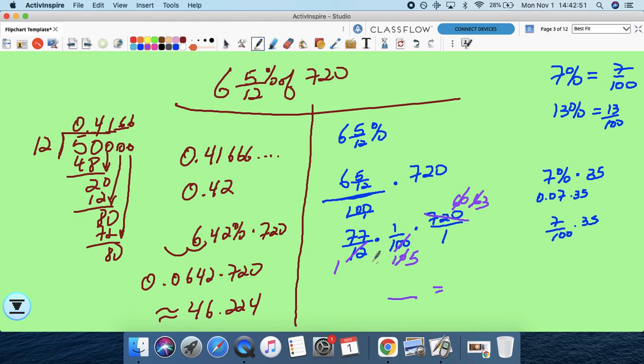So in my denominator, 1 times 5 times 1 is just 5. And in my numerator, 77 times 3 is 21, carry the 2, 231.